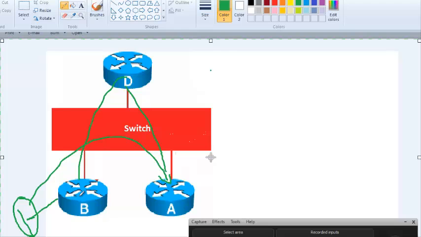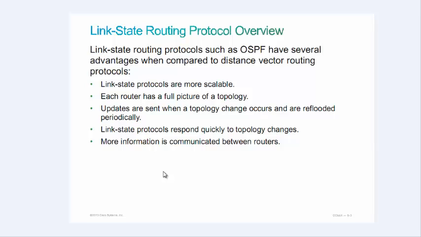When B is configured with OSPF, B will send updates to A, saying, hey, I'm B. When the message reaches router A, that message is called an LSA, link state advertisement. That advertisement entry will have all the details of what you have in router B. That's why it gives you an exact picture of the whole topology.